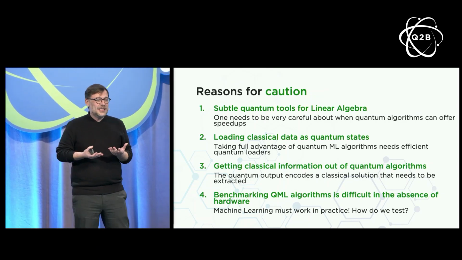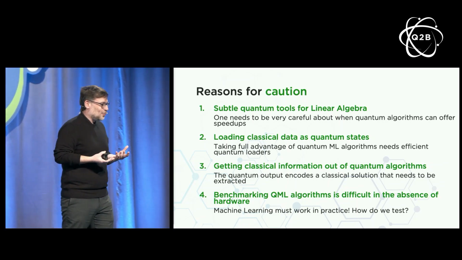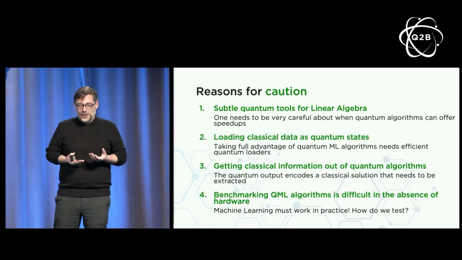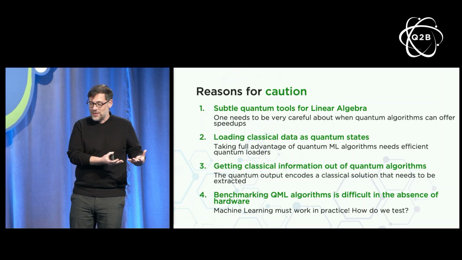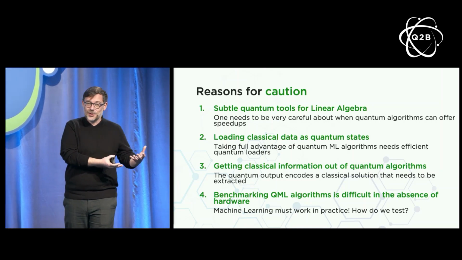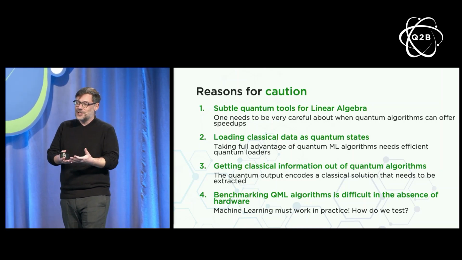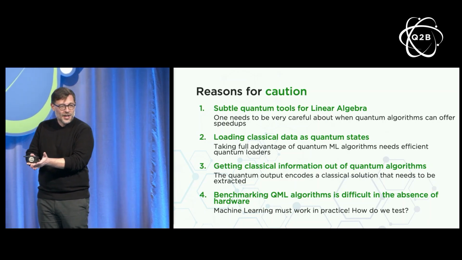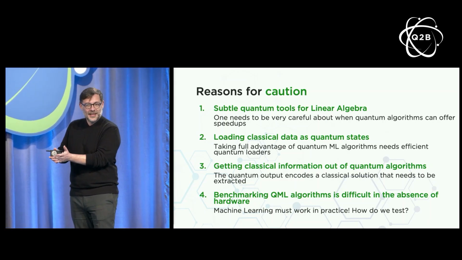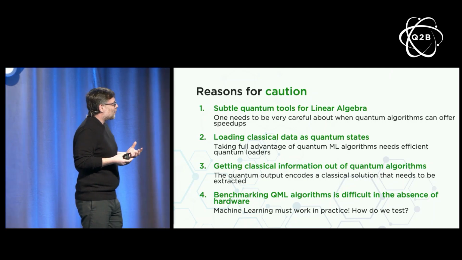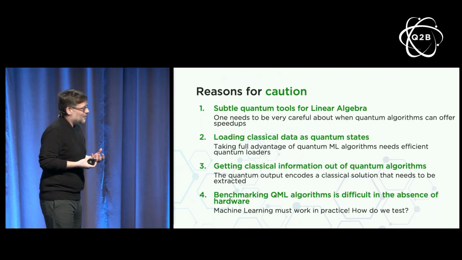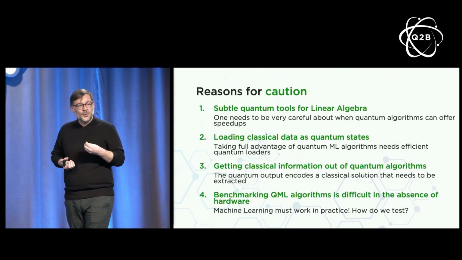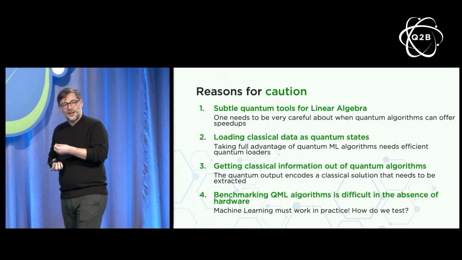So it is not very easy to benchmark a quantum heuristic if, on one hand, you don't have a mathematical proof that it works, but that's okay. It would have been okay if you could actually see whether it works in practice or not. But for that, we also need hardware. So we are in a case where there are many ideas out there, but it's difficult to figure out which of them are going to work or not.